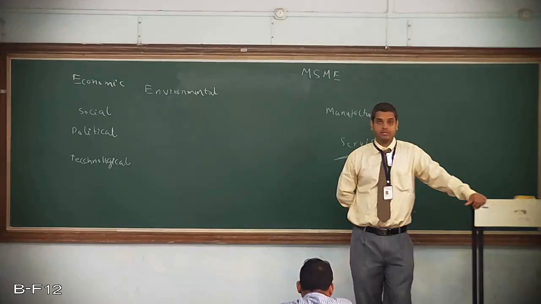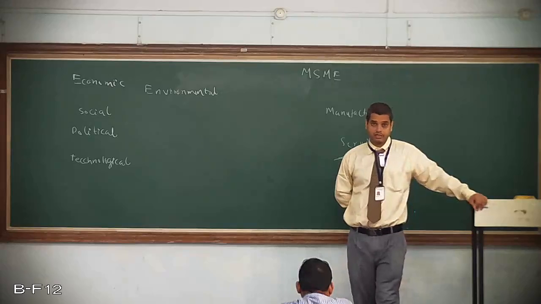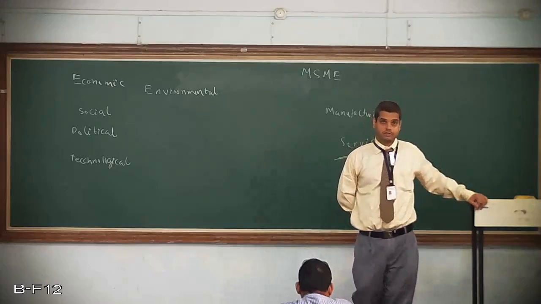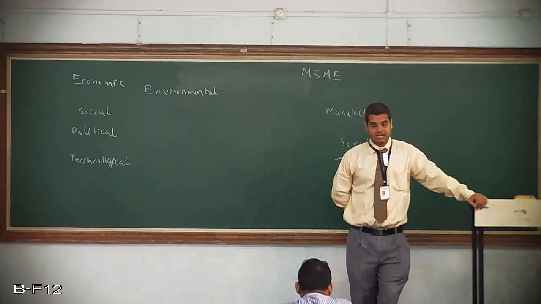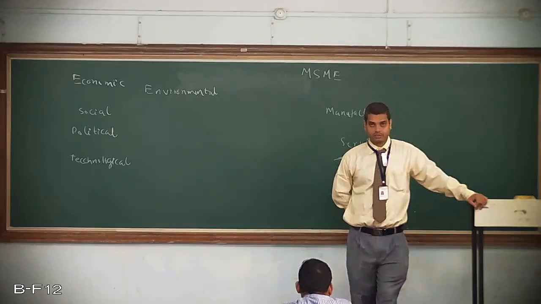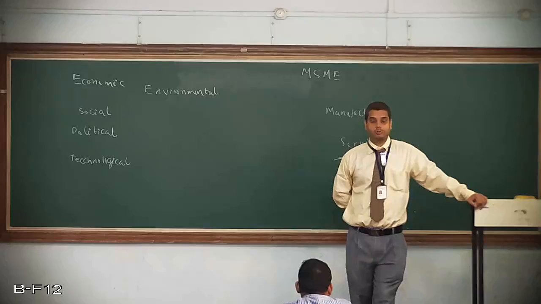So 45% of manufacturing is done by these MSMEs, and 40% in terms of service. Right? If you buy a Tata car, it doesn't mean every time you need a service, you run to Tata Industry. You go to an authorized service center, or the local service guys. So they are also contributing. This is one simple example.